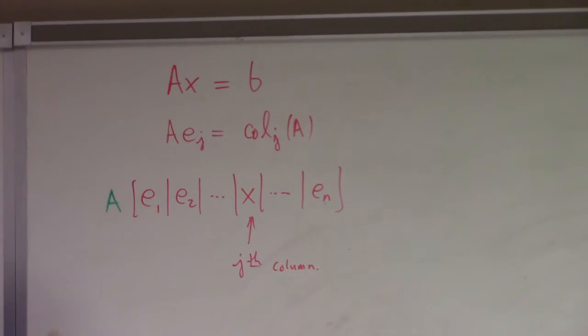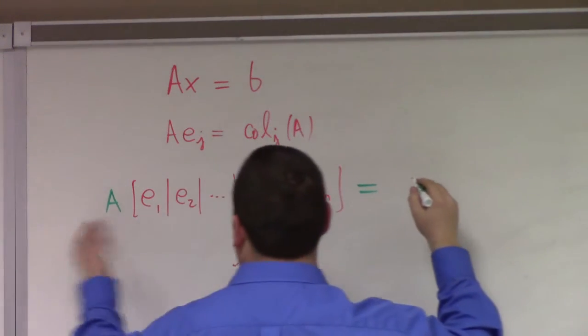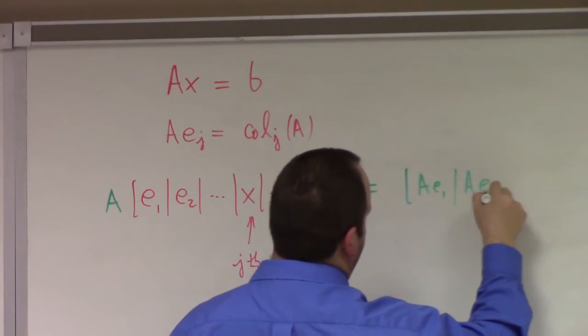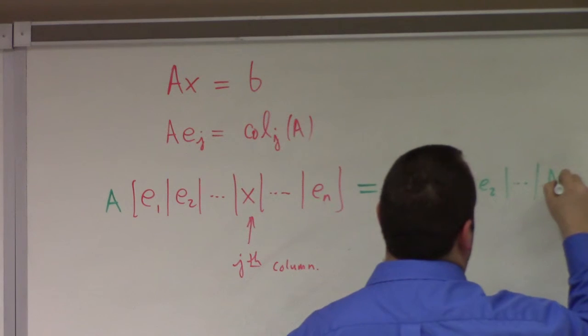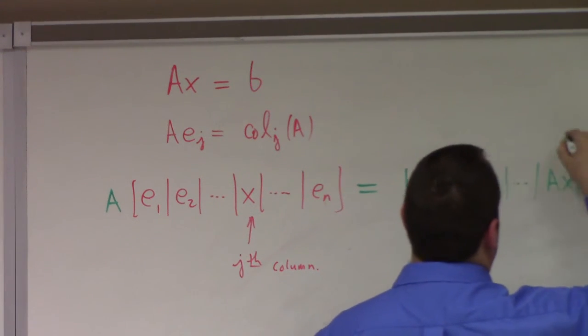Multiply this by A. What happens? Concatenation proposition, right? You've got yourself AE1, AE2, dot dot dot, AX, dot dot dot, AEn, where AX is in the jth column.